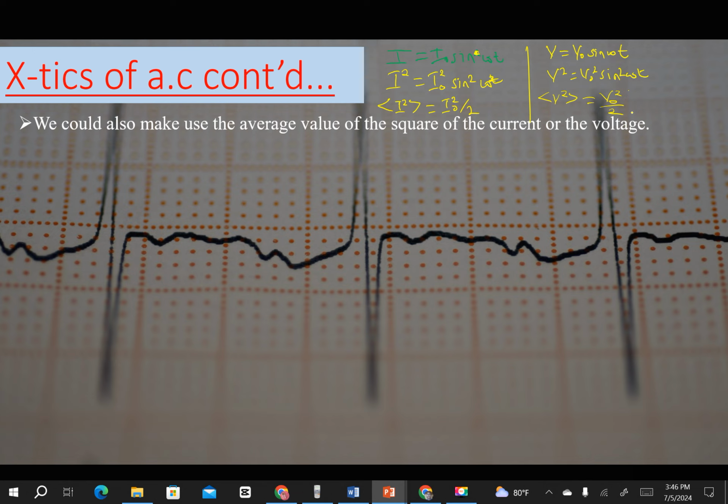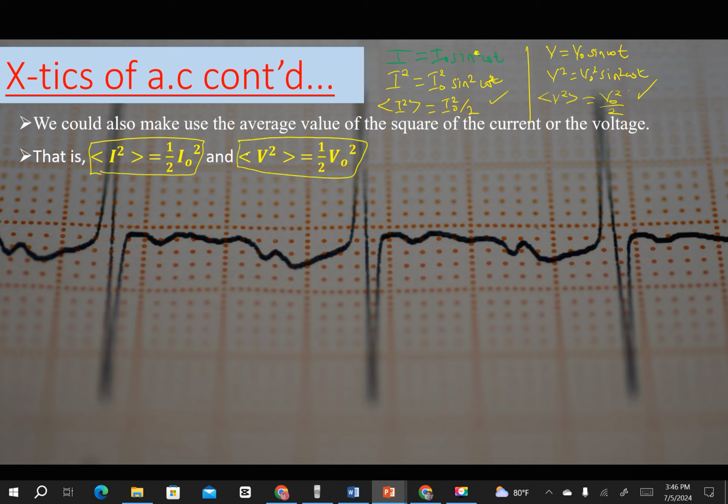So the averages of the squared values are not 0, yet the average of I alone was 0. Perhaps we can employ these square values. So I have just shown that the average of I squared is equal to this, and the average of V squared is equal to this. So they are not 0.